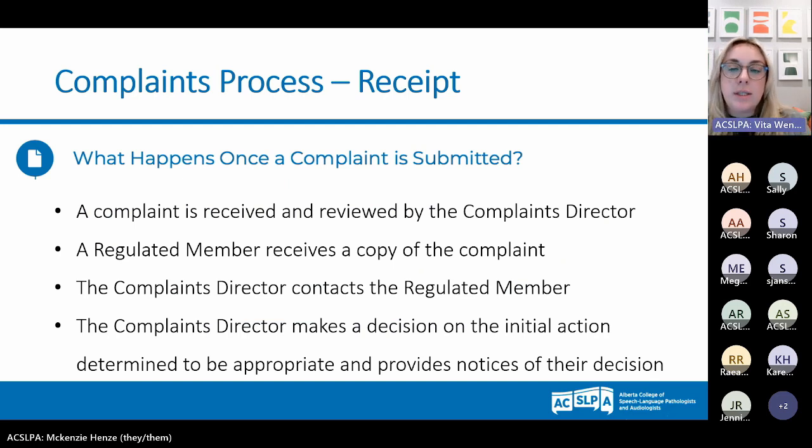So generally, once a complaint is received or submitted, it would be reviewed by the complaints director, the written copy, and then a regulated member would receive a copy of the complaint, redacted, of course, to ensure that confidential or private contact information is removed, but keeping the name of the complainant in the sense that the regulated member would generally know who made the complaint against them.